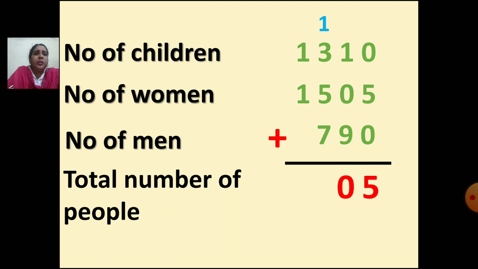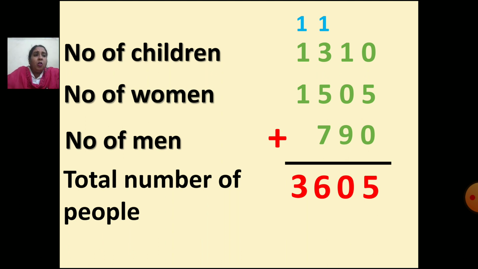Right? So 6 will come down and 1 will go up. Now 1 plus 1? 2. Right? And 2 plus 1? When you add number of children, number of women, number of men, how much you get? 3605. This is total number of people who came to watch the circus.